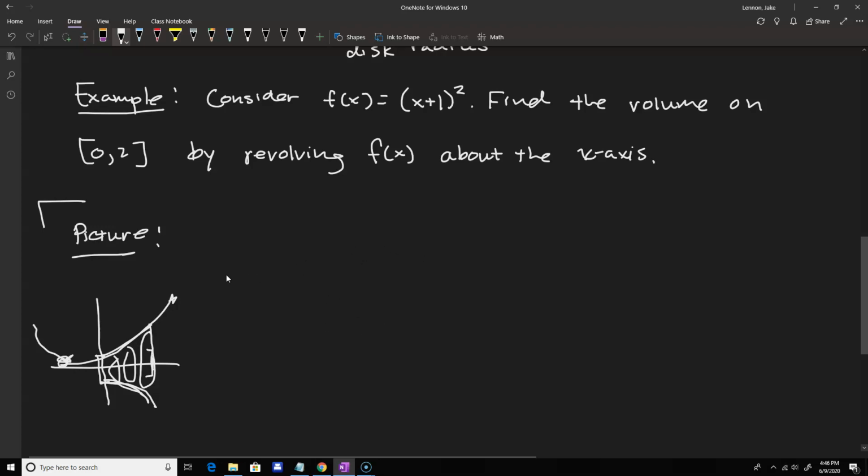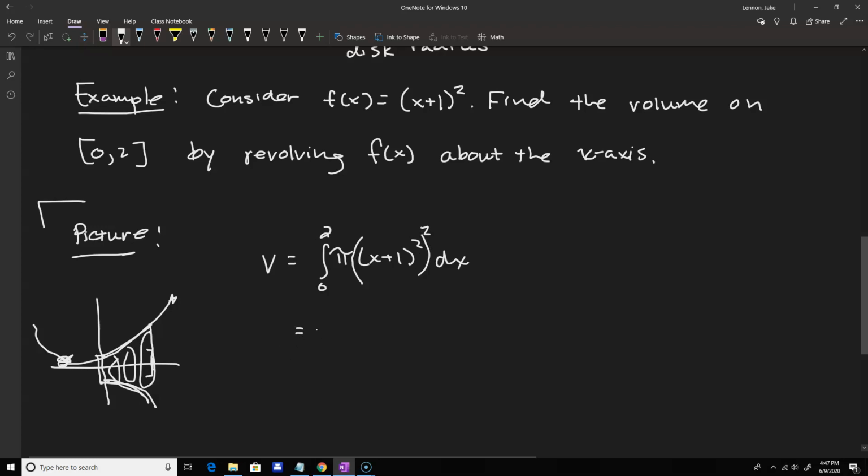But we just set it up according to exactly how the disk method told us to. We integrate from 0 to 2 of pi times f of x, which is acting as the radius, squared. We forgot to square: the function is already squared, and then we need to square that result.